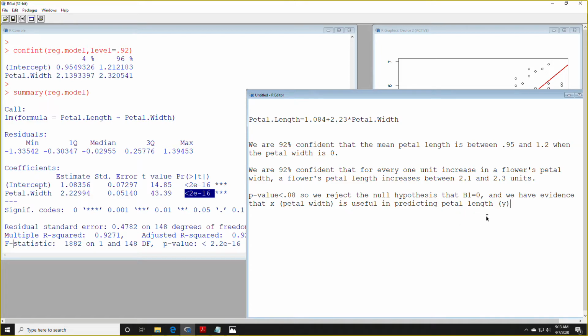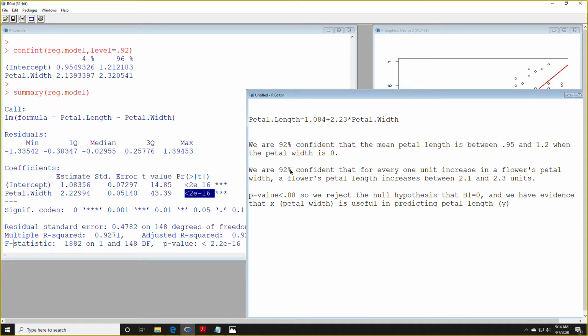And notice we got the same decision. The 92% confidence interval said it's useful, and the hypothesis test at the 0.08 level of significance also said it's useful.